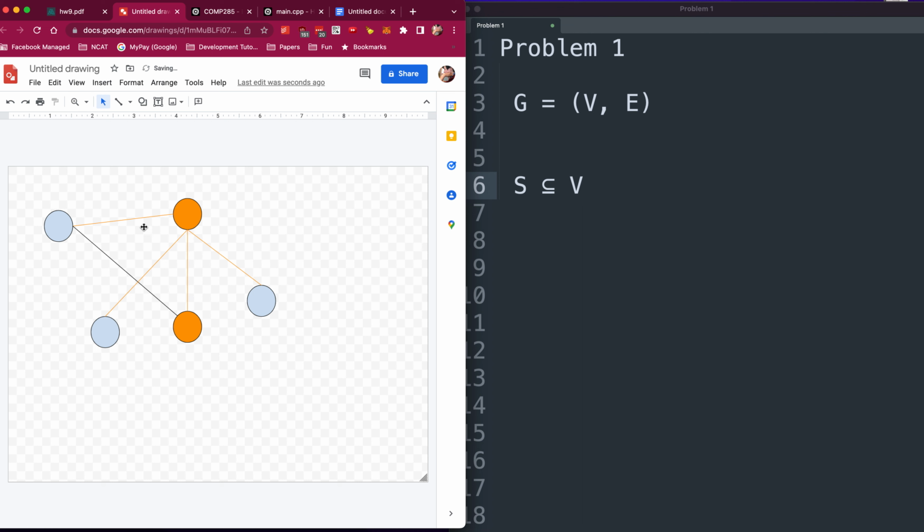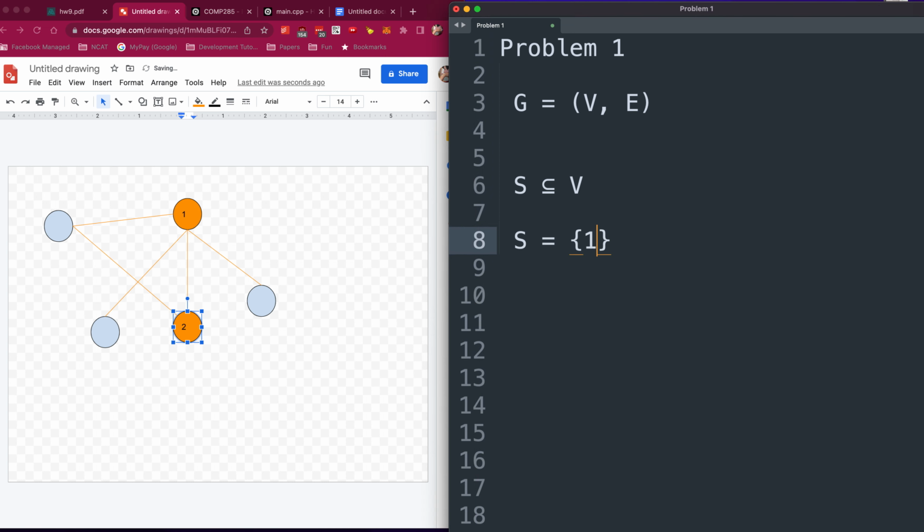So this one node sees all 4 of these edges, and then this node here sees this last edge because it's connected to it. And now, just with these 2 nodes, we actually see all of the edges in the graph. So if this was node 1 and this is node 2, then we would say that S = {1, 2}, just those 2 nodes, is all seeing.